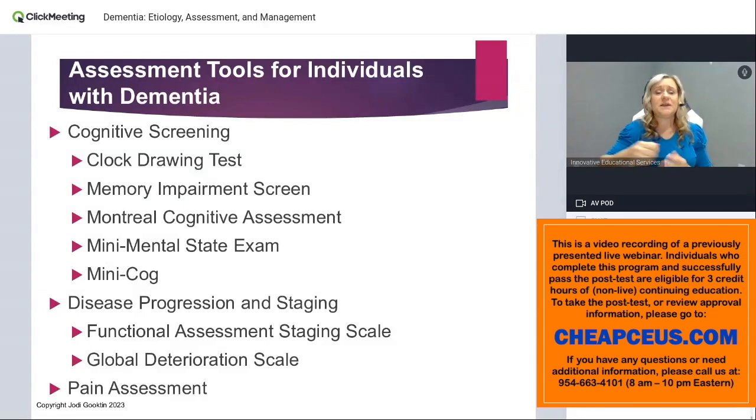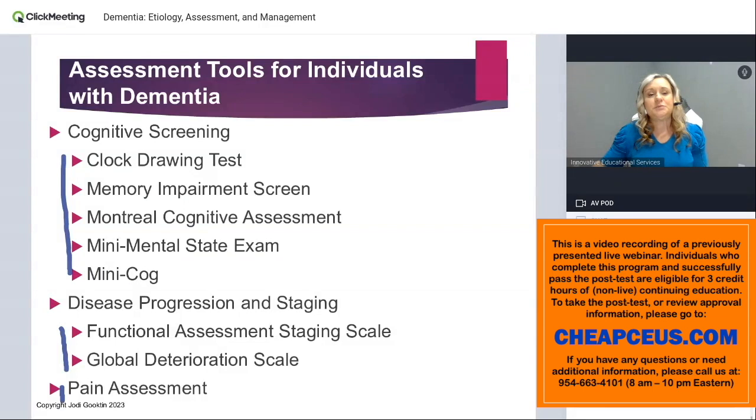When we look at the different types of tools, we're first going to discuss the different types of cognitive screening tools. Then we will look at specific measures of the disease progression and staging for dementia. And then we'll talk about how do we assess pain in someone who has dementia.